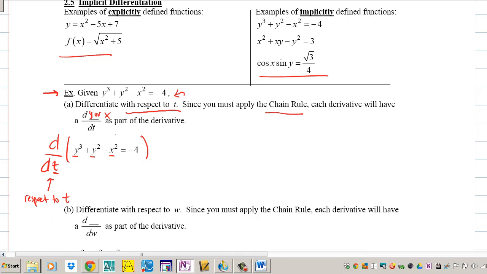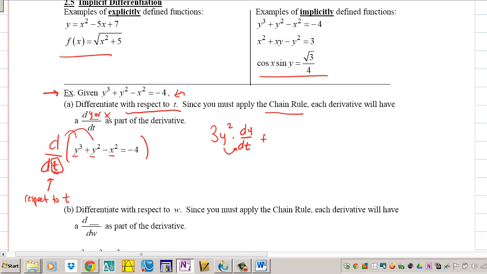So when you take the derivative, you have to multiply it by a factor of what we think the derivative may be. What this means is that taking the derivative of y cubed is 3y squared, and then apply the chain rule, dy/dt, because we're doing dt in the bottom.